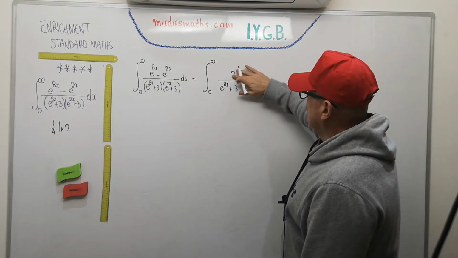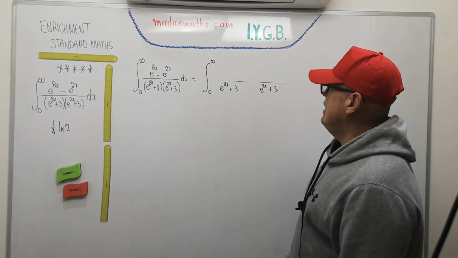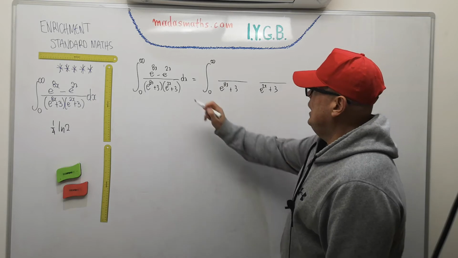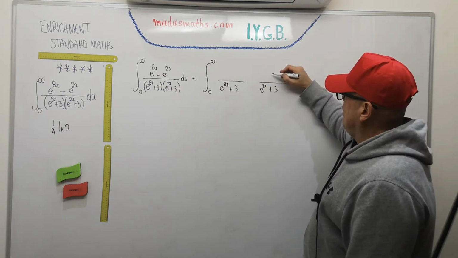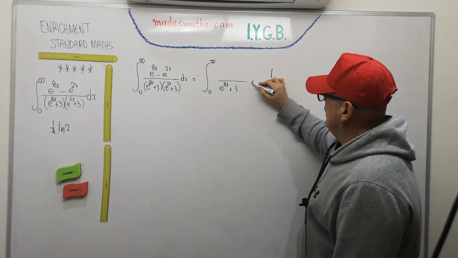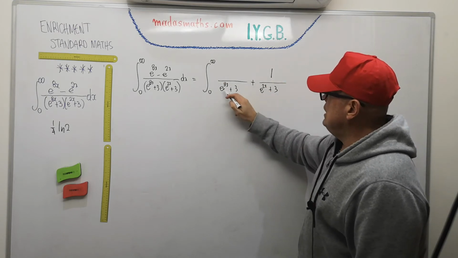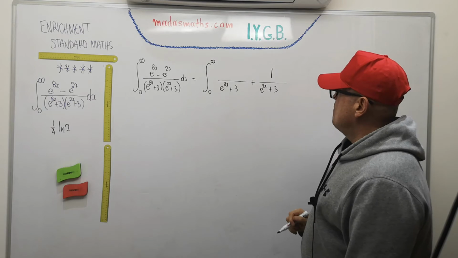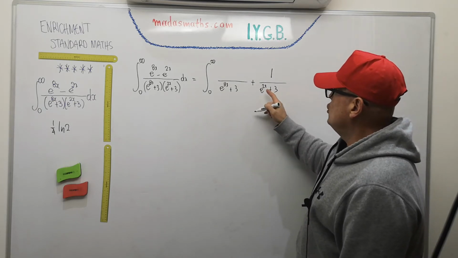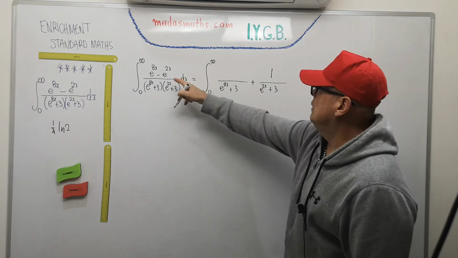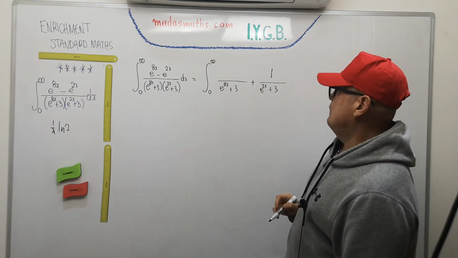Okay. So what kind of numbers do we need in there? It's not that difficult to actually see. In order to get a positive e to the 8x, this must be positive 1. So in order to get e to the 8x plus 3. But then, of course, I need to cancel that afterwards. I need, of course, to have a minus e to the 2x.